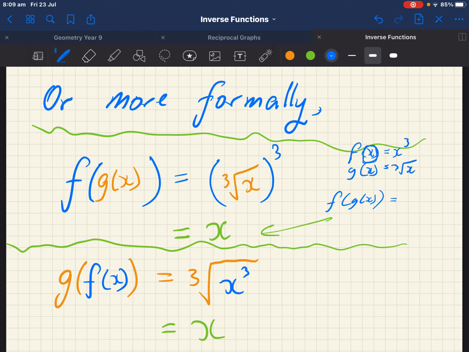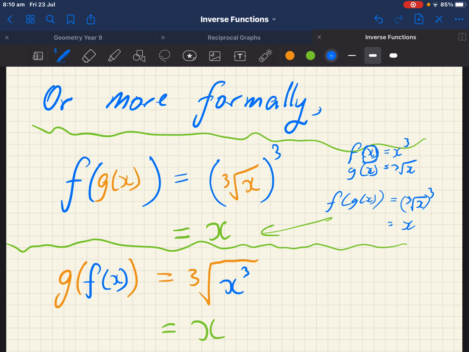You start writing out the f(x) function, but that x needs to be replaced with g(x), which is where the cube root of x comes in. Of course, the cube root and the cube cancel each other, leaving you with x.